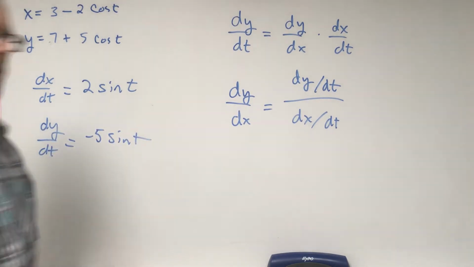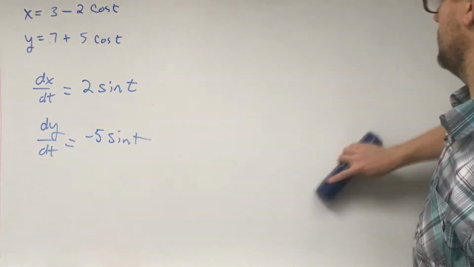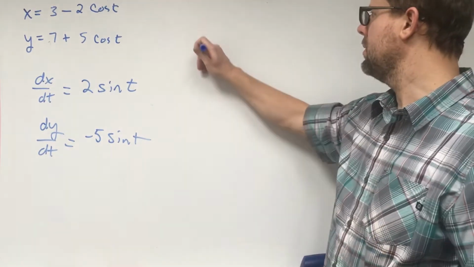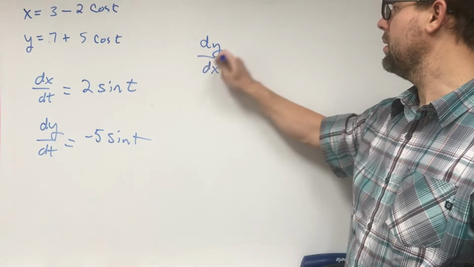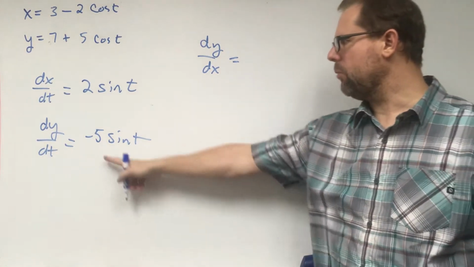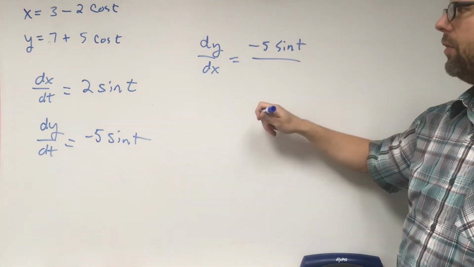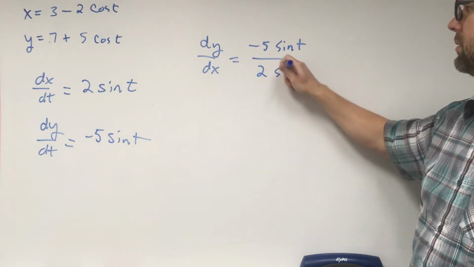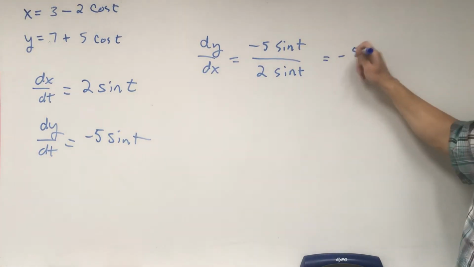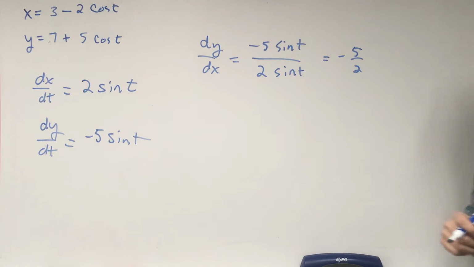If I want to find dy/dx, I'm going to compute dy/dt over dx/dt. Canceling sine t, I get -5/2, the slope of the line.